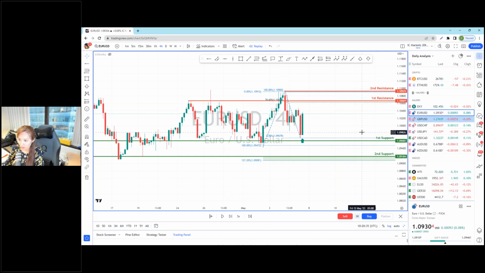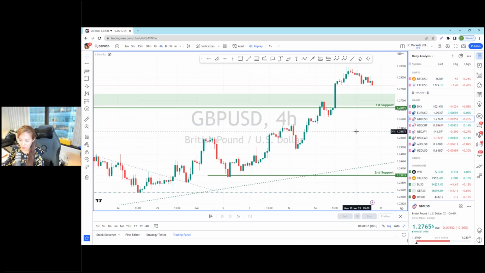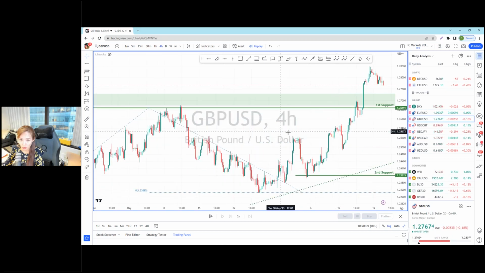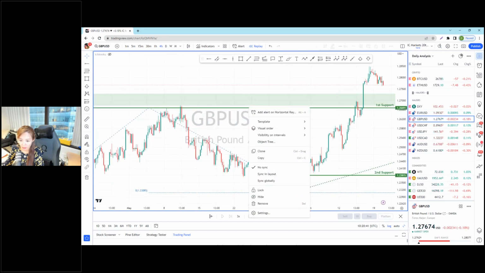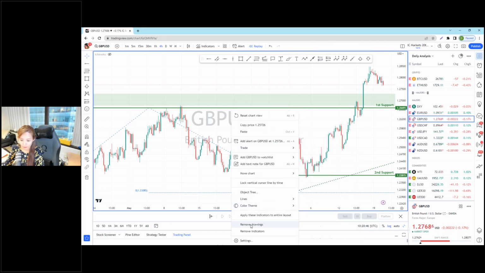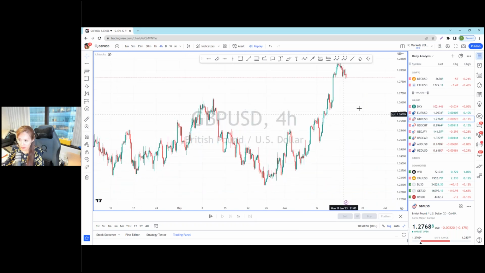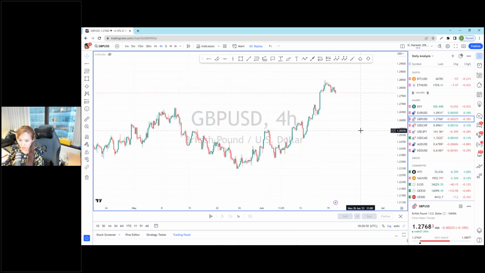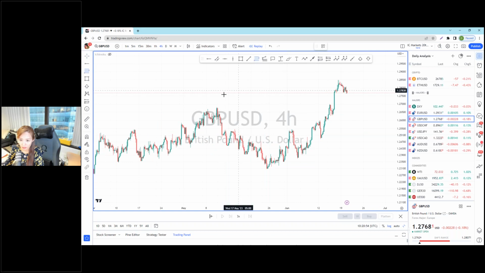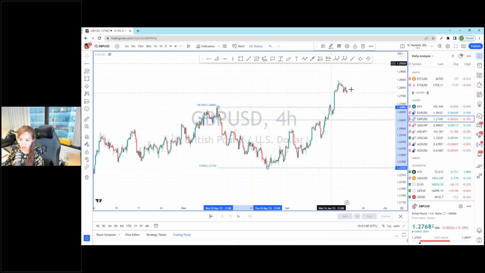Let's go to GU. Let's say I want to draw Fibo, remove first. Okay, for example here, I will draw from here to here, and then you pull out all the retracement.